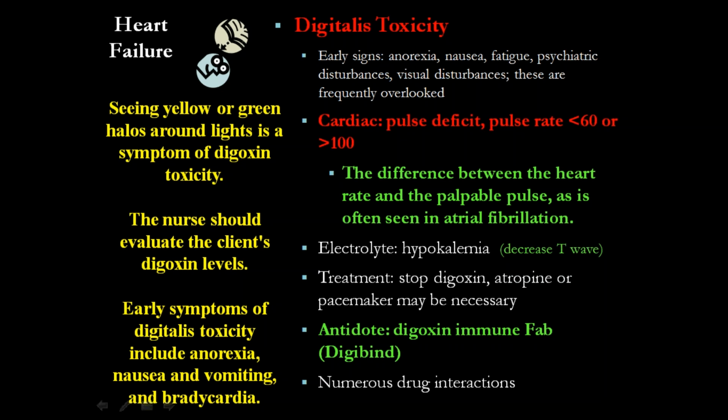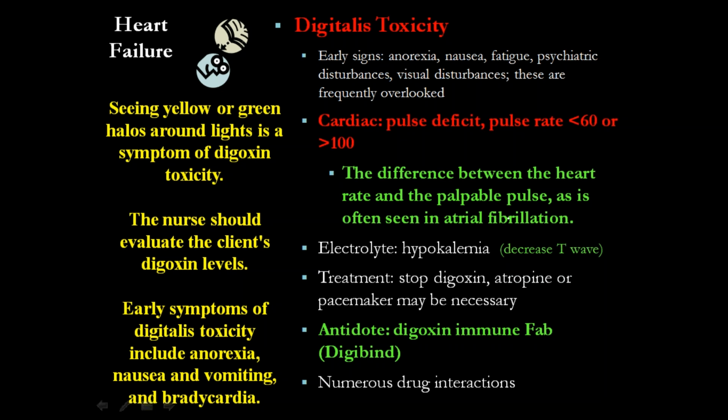Now, if you have a pulse deficit, pulse rate less than 60 or more than 100, the difference between the heart rate and the peripheral pulse is often seen in atrial fibrillation. So if you have a stethoscope, you're going to check the apical pulse.